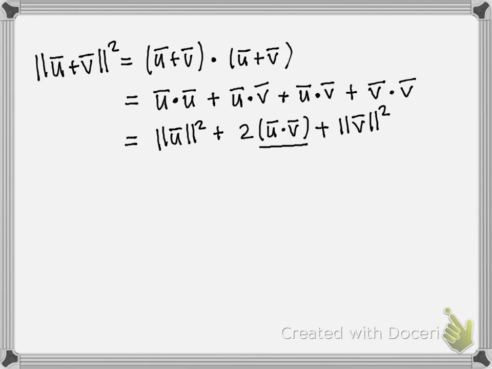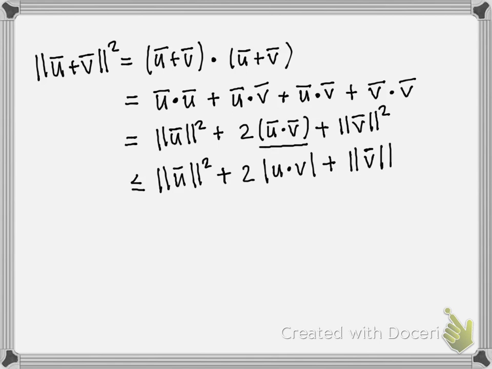So I'm just going to use that to say that this is less than or equal to the norm of u squared plus 2 times this number's absolute value. Okay, and I'm not using anything fancy there. I'm just saying any number is less than or equal to its absolute value, and I'm using that on the dot product there.